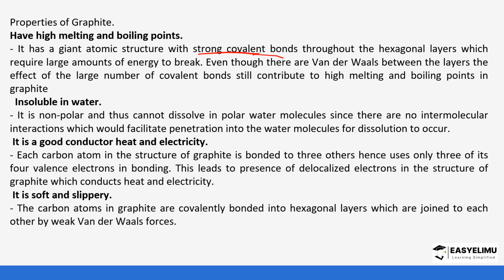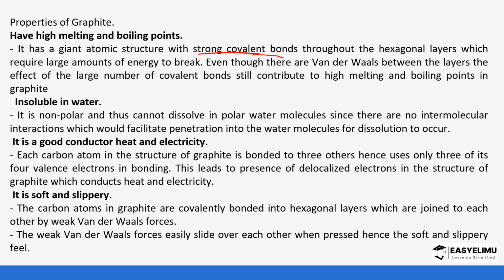We said it is soft and slippery because the carbon atoms in the graphite are bonded in hexagonal layers, which are joined to each other by weak van der Waals forces. And these van der Waals forces cause the layers to slide over each other when pressed. So that is the reason why it is soft and slippery.